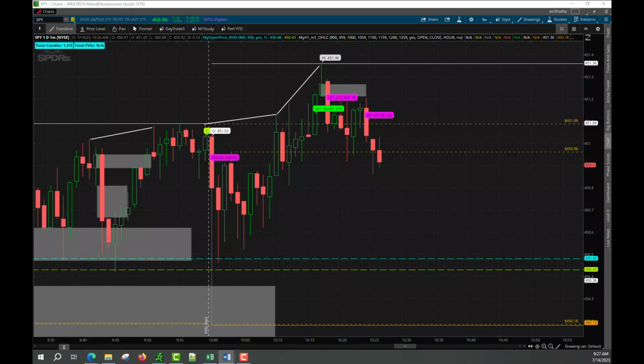Patience always pays off. You know, we wait for the second time. It's a perfect short setup right here. First, our stop loss, you know, is very close to that.